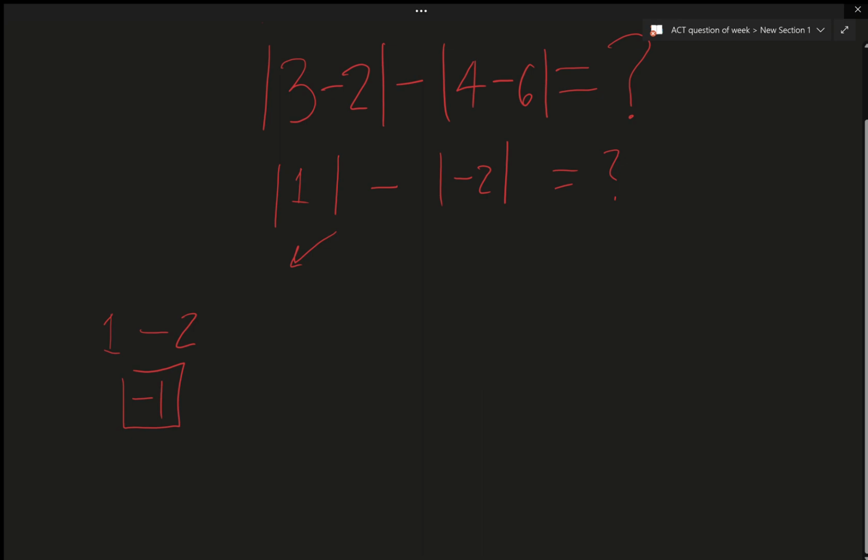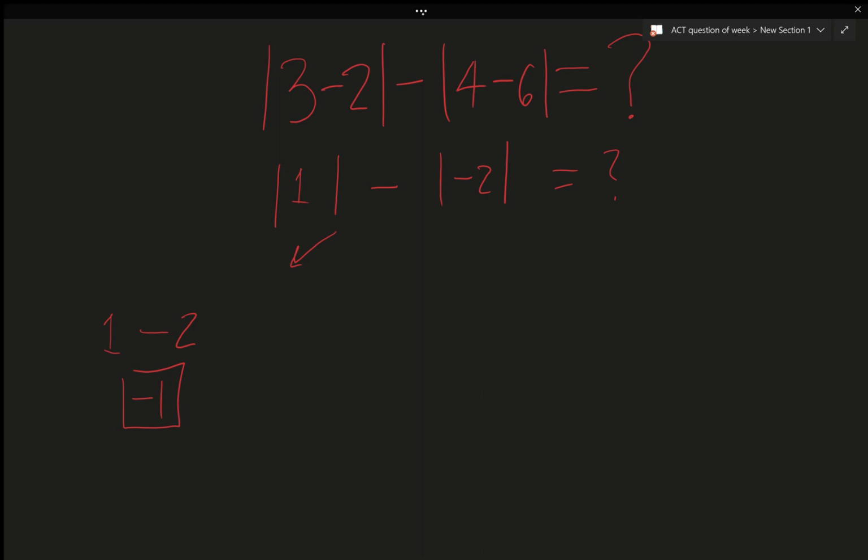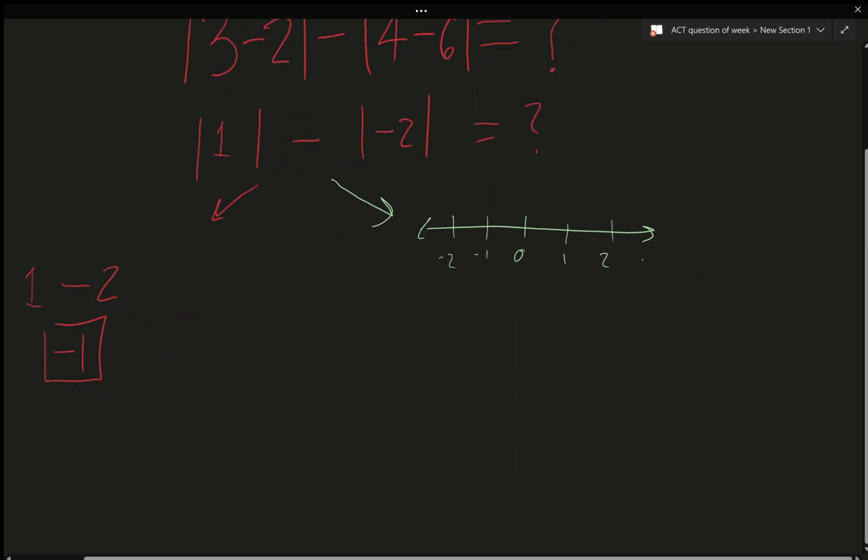That's a lot of the times the way I look at it. Now, another option would be if we looked at it where the absolute value is the distance that number is from 0. Okay, so when we have 1, if this is 0, 1, 2, negative 1, negative 2, the distance 1 is from 0 is 1, minus, now we look at the negative 2.